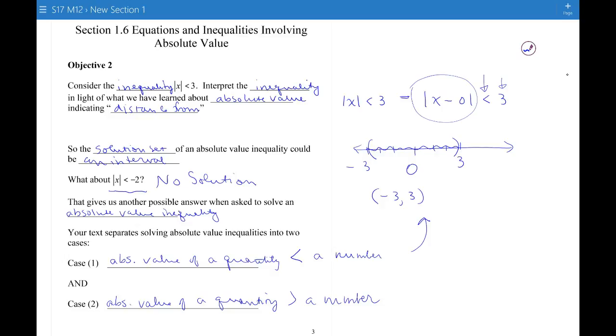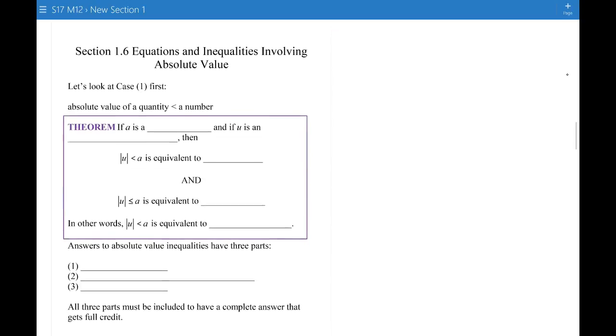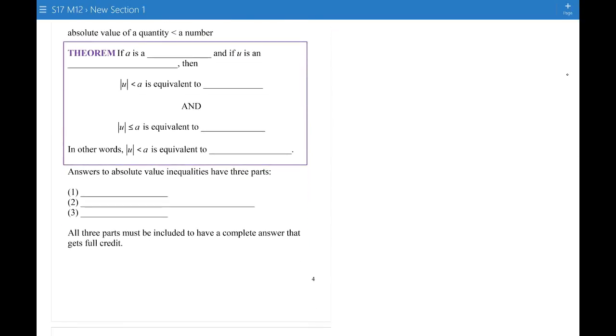So let's look at case 1 first, which is the example we just did, where we have the absolute value of something is smaller than a number. So here's the theorem. If a is a positive number, and if u is an algebraic expression, so any kind of algebraic expression with x's in it or not, then the absolute value of u is smaller than a is equivalent to the compound inequality negative a is smaller than u is smaller than a.